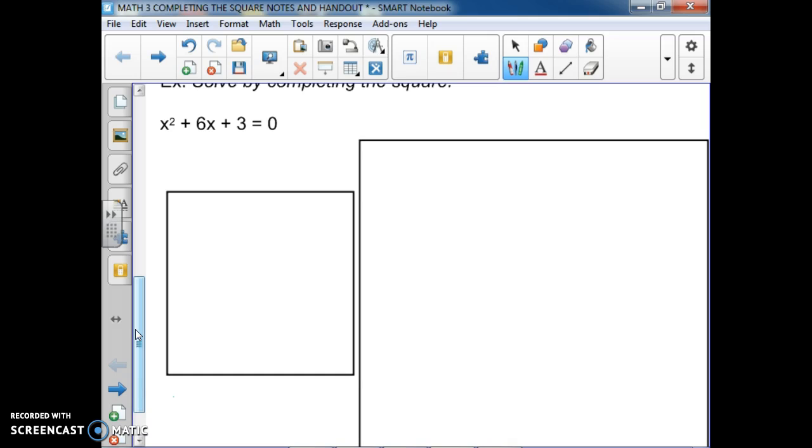So the first step in completing the square, I'm going to do my work over here, is to move C. If you don't know what C is, we need to go back and label our quadratic equation. Remember that A, B, and C are the coefficients in the quadratic equation.